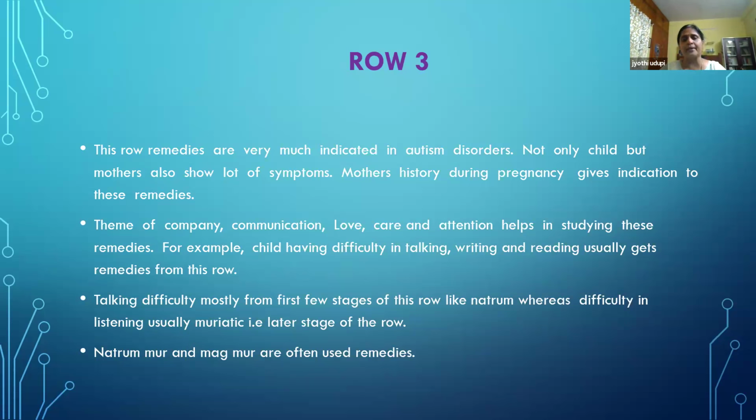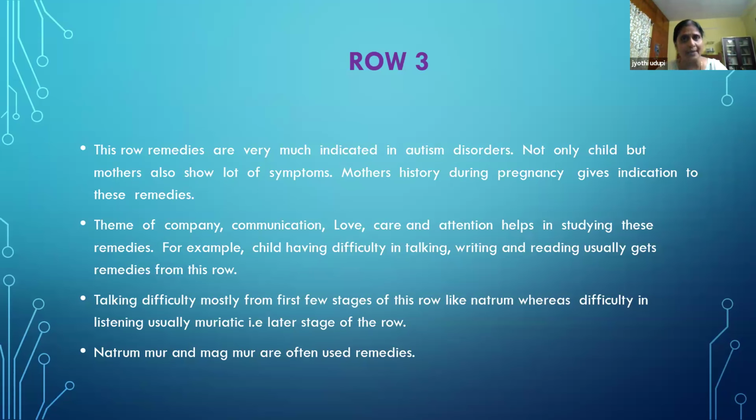If you open the repertory and see speech difficult, the main remedy you see is Natrum mur. I have some cases where delayed speech, no speech, simple Natrum mur has helped. The way they kiss, the way they interact with the mother, everything.